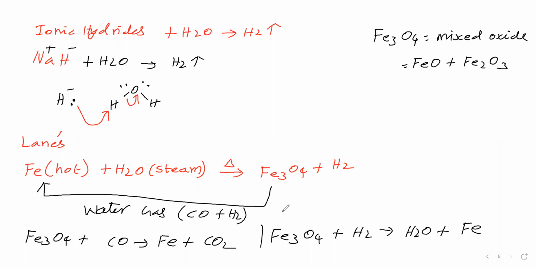We'll go for the next manufacture of hydrogen gas, next method. We take hot coke, and steam is passed over it. What we get is water gas.